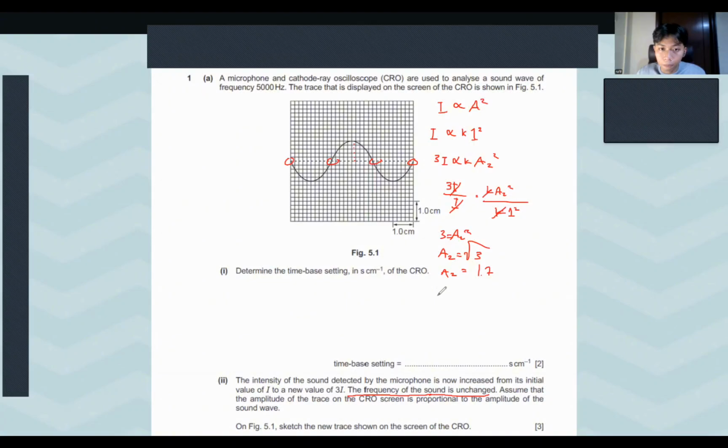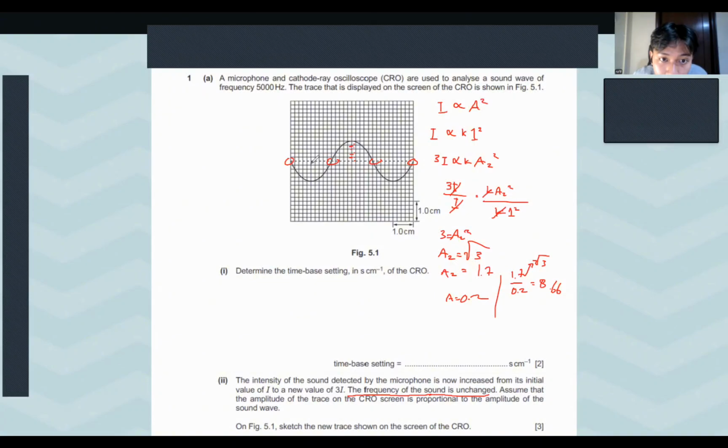So how do we find it? We know that 1 squared of the old wave is equal to 1 over 5, which is 0.2. Well, amplitude 0.2. So the amplitude is 1.7 divided by 0.2, equal to 8.66, or this can be given by 5 times square root of 3. 8.66, or 9.